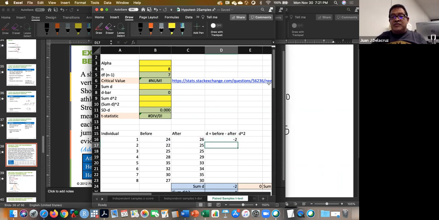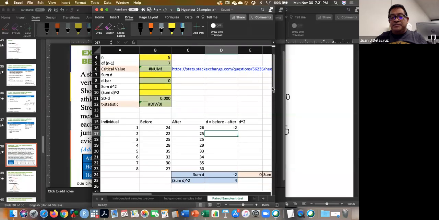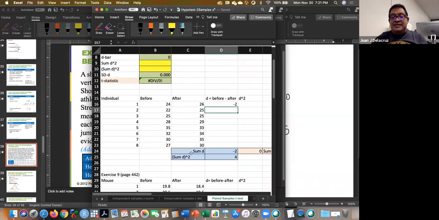So as you can see at the bottom, I am adding, this is the sum of D, right? So this is the sum of D. Every time I have a difference, I'm going to have the cumulative number here, because I built that formula to add all these differences.